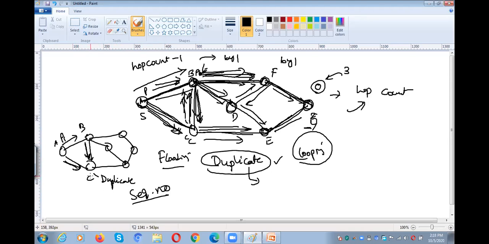Whenever the particular node C gets the same packet from a different source, it will discard the packet, because it considers it a duplicate.